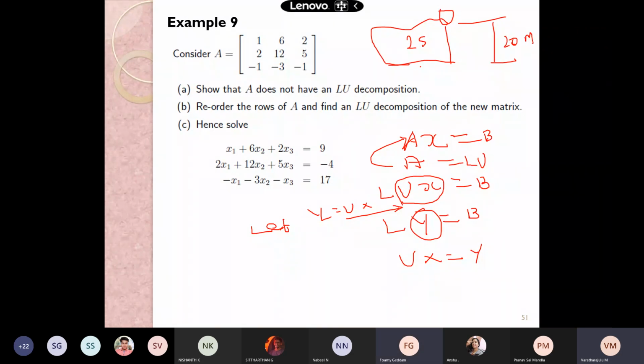We have a height of 20 meters, and the time is 2 seconds. Yes, sir, there are three different equations. The first equation is v is equal to u plus at. The second equation is v square minus u square is equal to 2as.